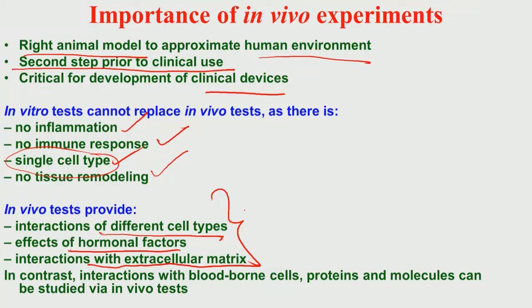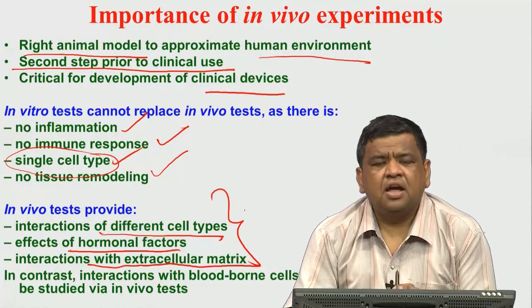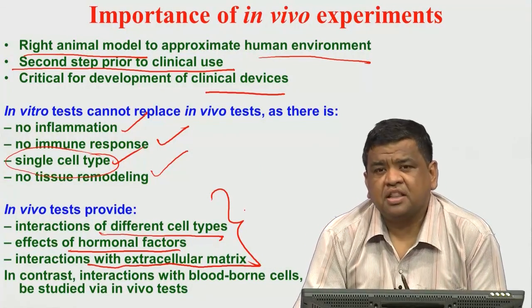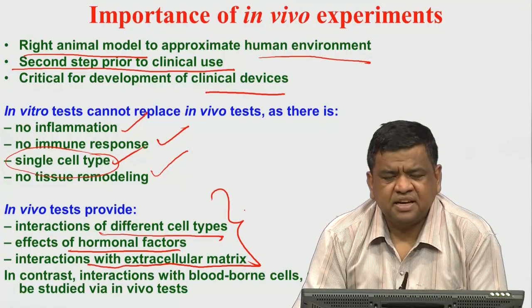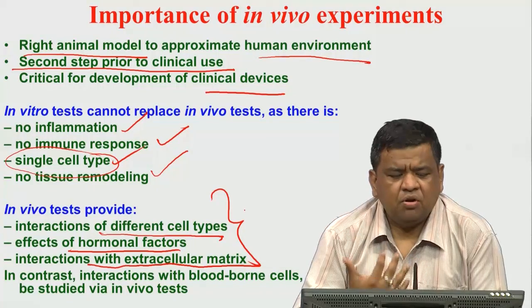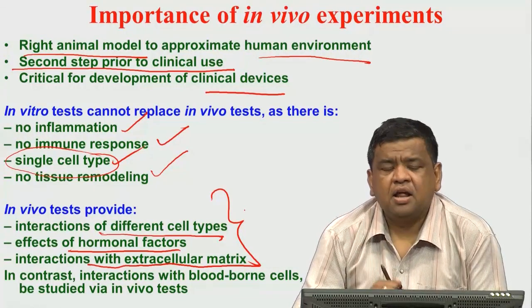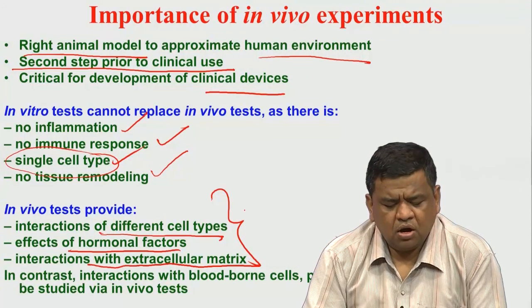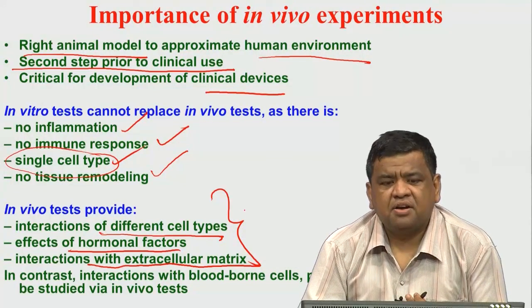This dynamically changing physiological environment cannot be simulated in a simple in vitro test at the lab scale, and that is why in vivo testing is really required to get more clinically relevant results.